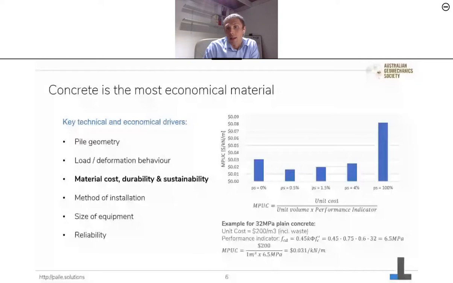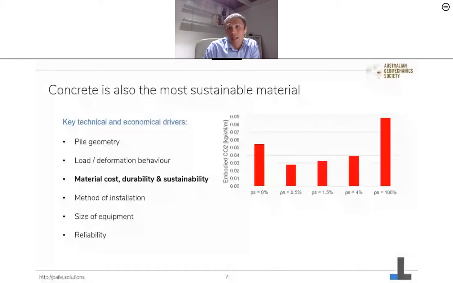Steel is clearly the most expensive material from this comparison. Steel is also the least environmentally friendly, and from that slide you can see that concrete, lightly reinforced concrete, can be considered as an environmentally friendly material.